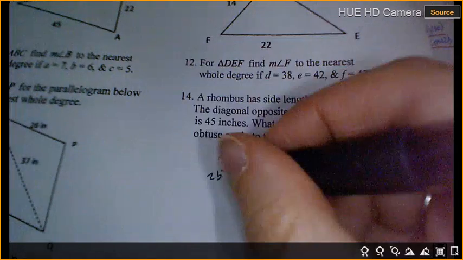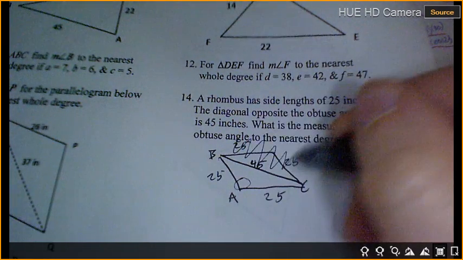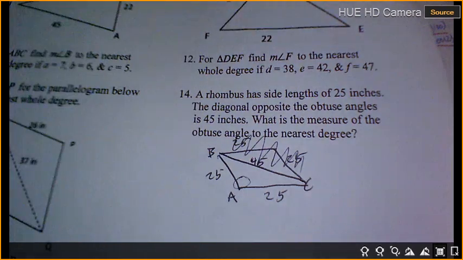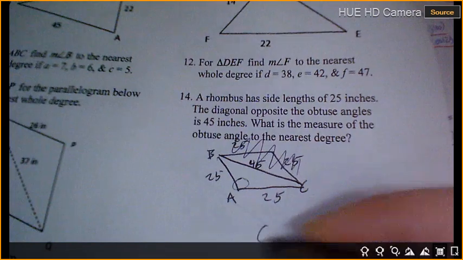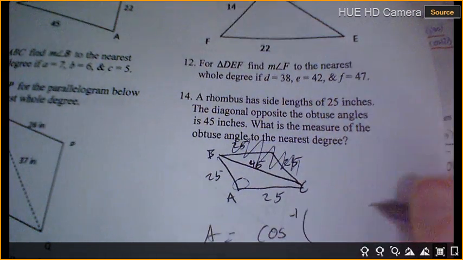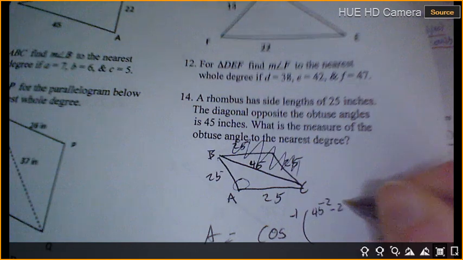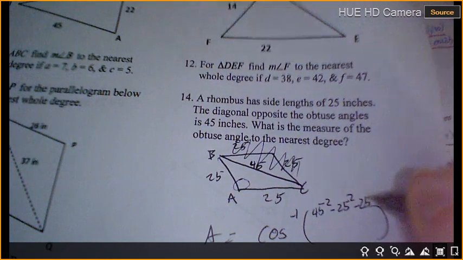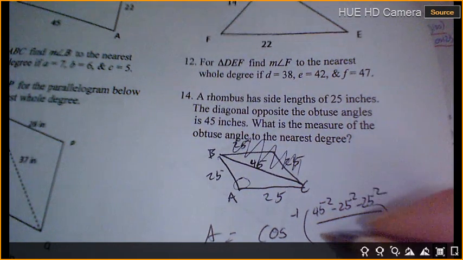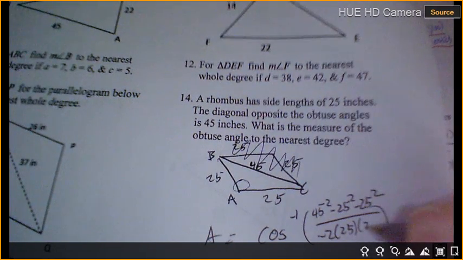So I'm going to label this A, this B, and this C. Now I'm just really looking at this triangle right here. Okay? So I'm going to say A equals cosine inverse of (a squared minus b squared minus c squared) all over negative 2 times a times c.